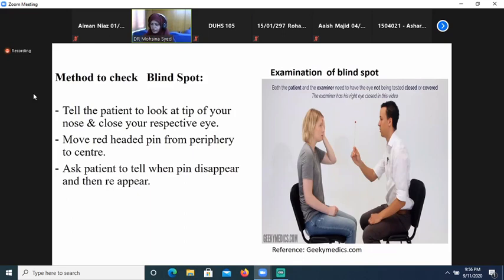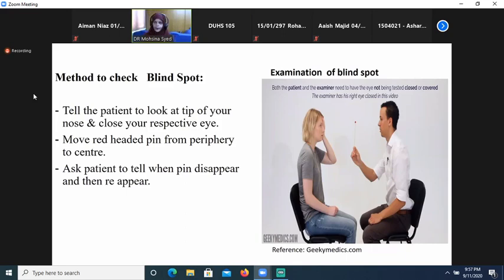Take a red-headed pin like this and start moving it from the periphery to the center, and ask the patient to tell when the pin disappears and when it reappears. Now, the blind spot is normally found just temporal to the central vision at the eye level. So the disappearance and reappearance of the pin should be at a similar point for both the examiner and the patient. So this way you can assess the blind spot.